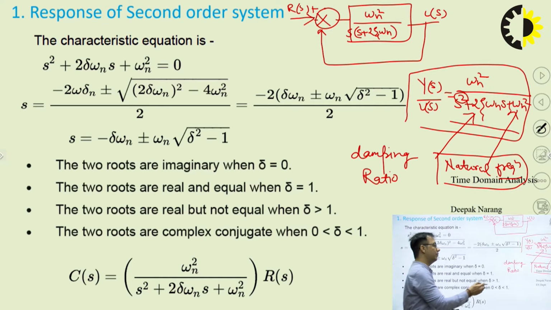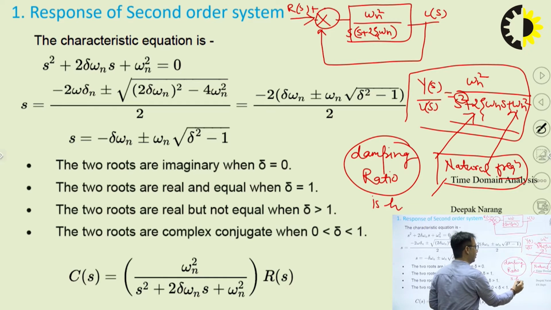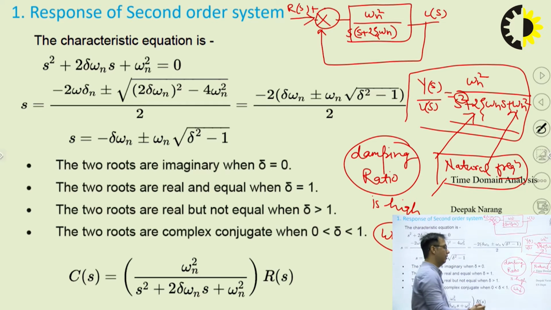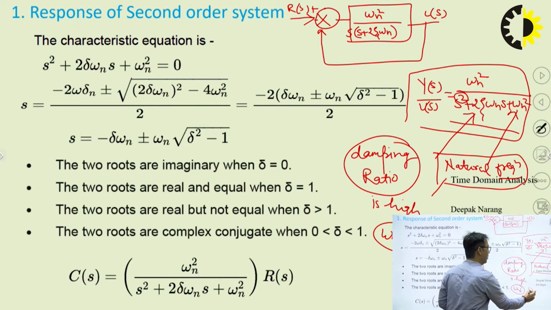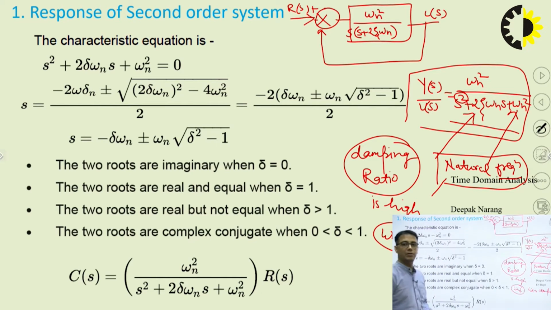So if we increase the damping in the system, if this damping is high, then the natural frequency keeps on decreasing, and then we get a new frequency which is termed as omega d, which is termed as damped frequency. So we must have a basic knowledge of these terminologies while discussing the response of second order system.